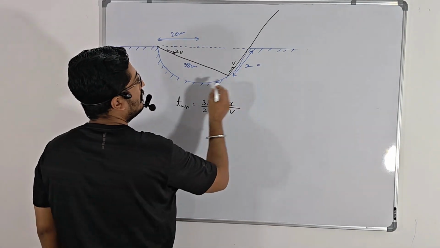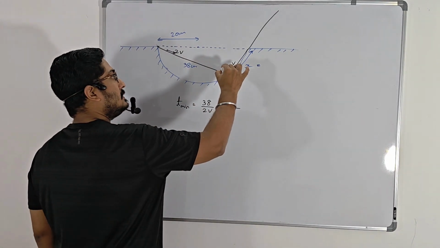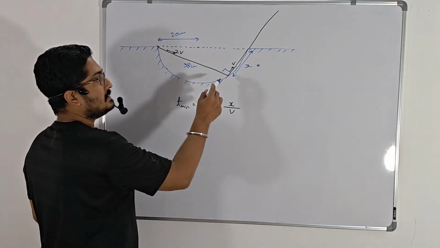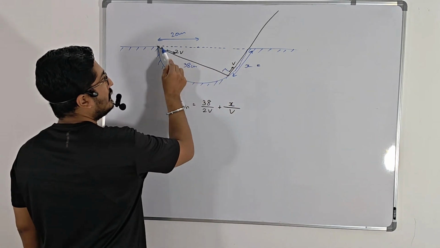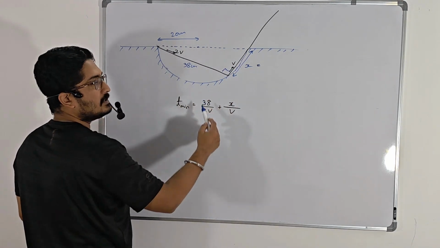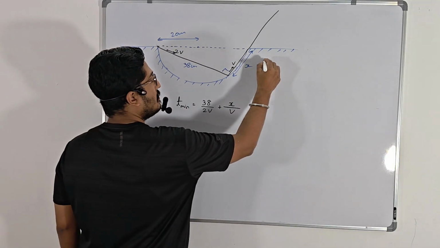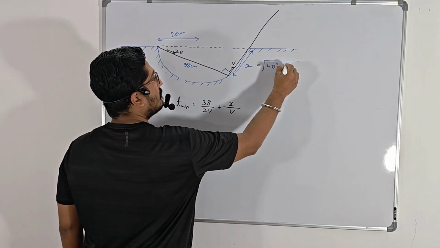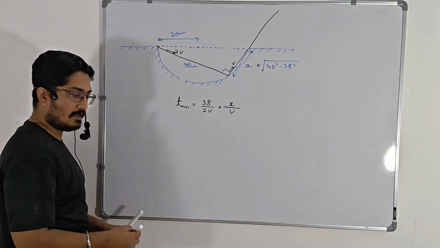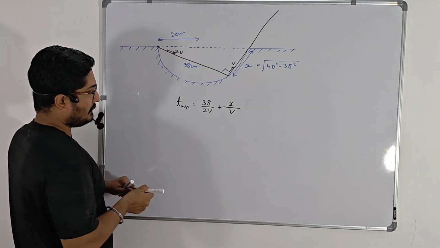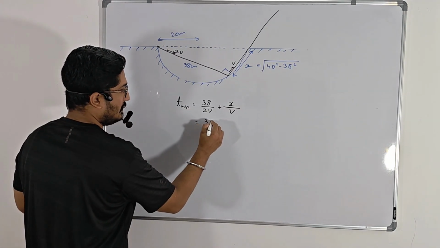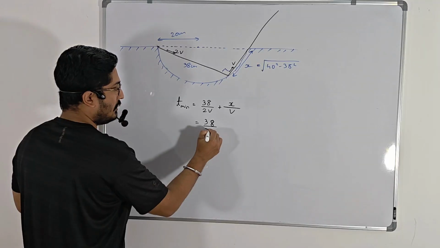We know that this is 90 degrees. If this is 90, this much is 40, and this is 38, by using Pythagoras we can get x as the square root of 40 square minus 38 square, right? That logic we can use. So based on that, let me substitute. This is 38 divided by 2 times v.